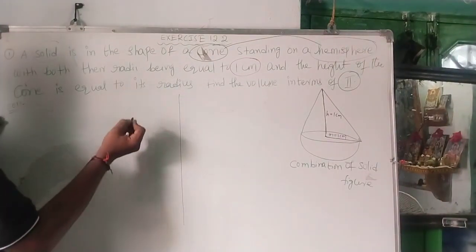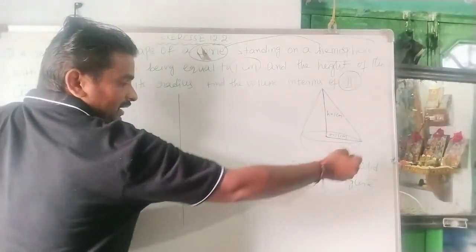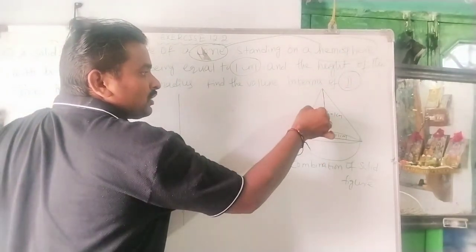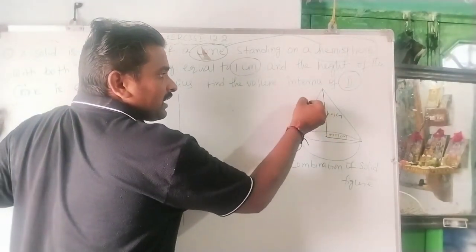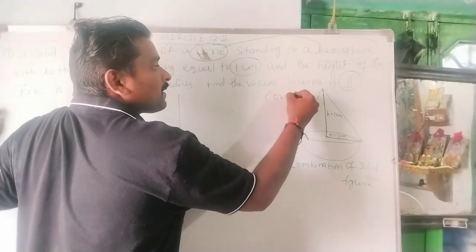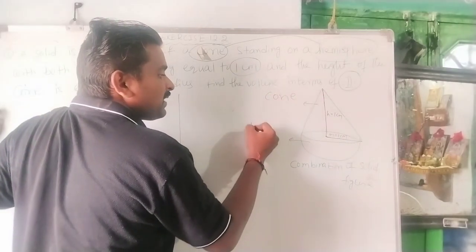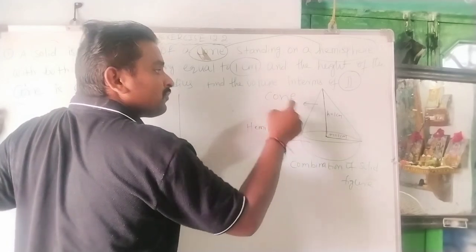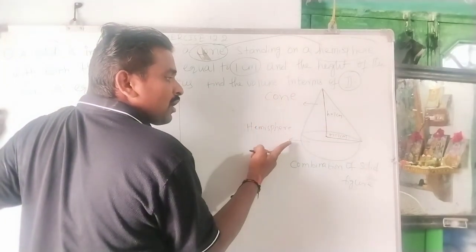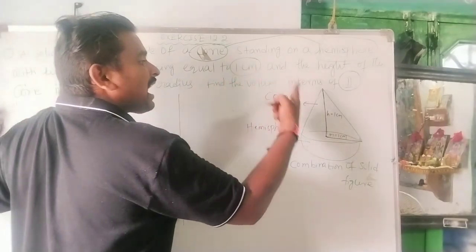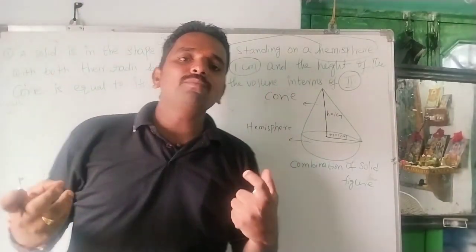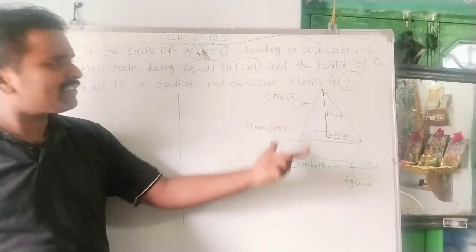The first figure is a cone and the second figure is a hemisphere. First we have to find the volume of the cone, next the volume of the hemisphere, and finally we have to add the volume of the cone and hemisphere. If we add them, we will get the volume of the solid.